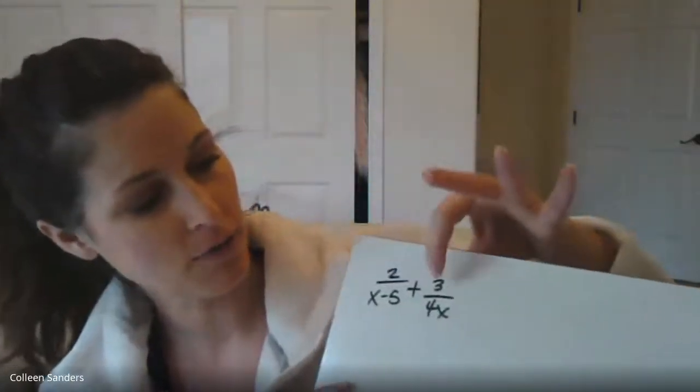I'm guessing that you will. Let me do one. Let's see. There's a couple. Okay. So here I've got 2 over x minus 5, 3 over 4x.